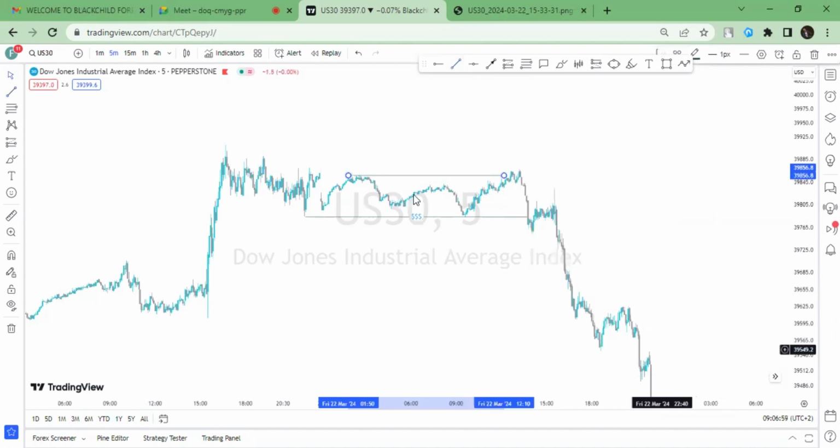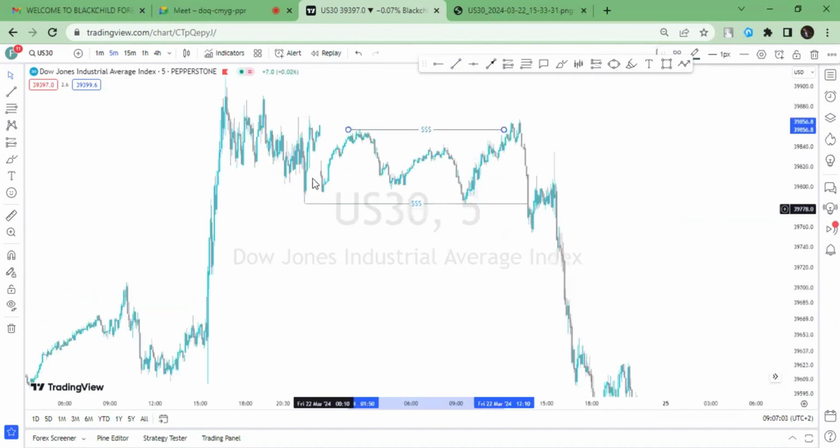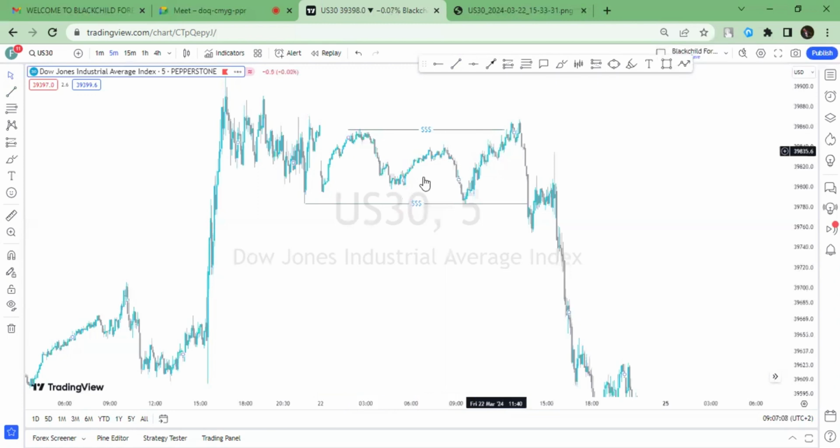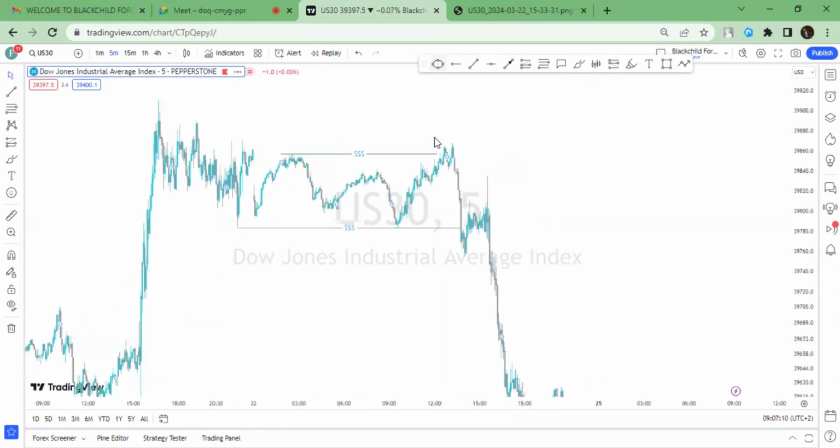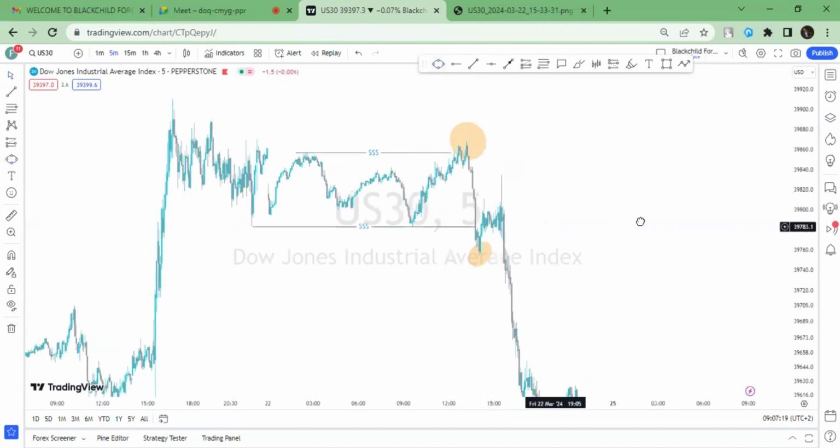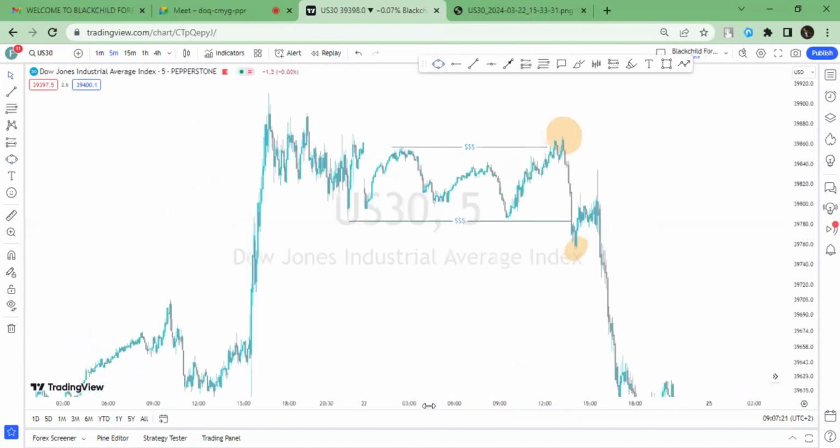The reason I'm marking this area is because this is where liquidity has been forming. You can see that we are forming relatively equal highs and relatively equal lows, and the market just came up here and grabbed liquidity on the upper side, and then went all the way to the downside and grabbed liquidity on the downside. So there's a strategy that I'm going to share with you as we go along.